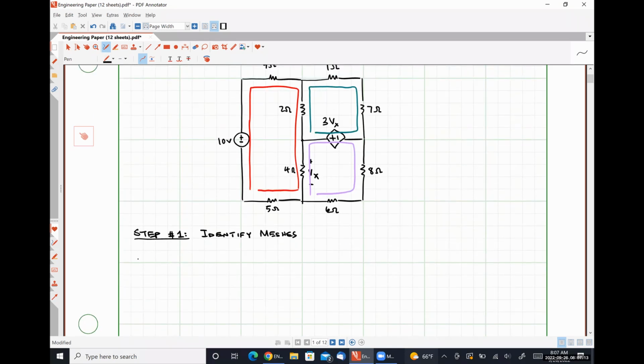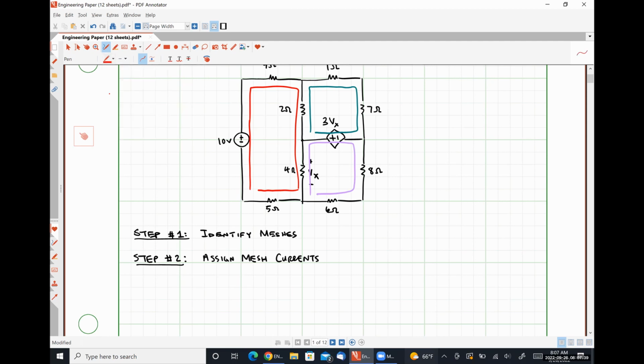Step number 2 is to assign our mesh currents. And realistically, you can actually just combine steps 1 and 2 together, and I'll show you what I mean by that.